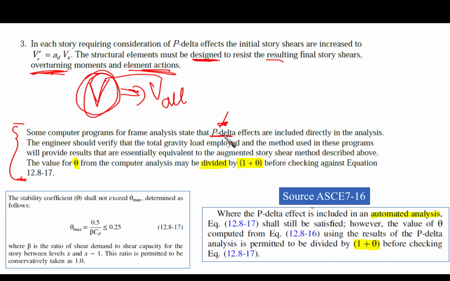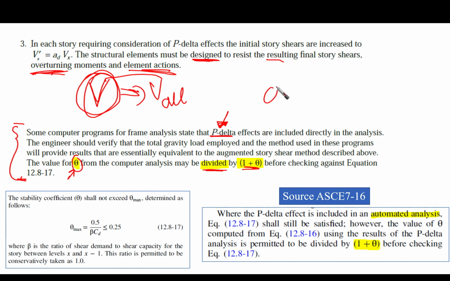If you are going to do so, there is an important hint that you should keep in your mind: the value theta that you get after the inclusion of P delta in your software package analysis may be divided by 1 plus theta. That's very important.